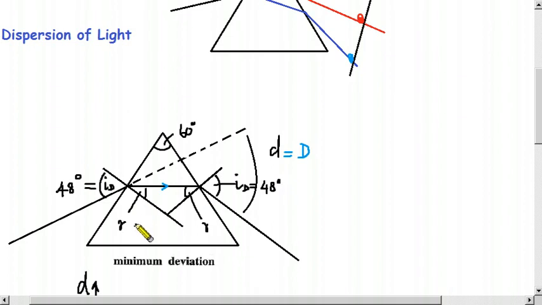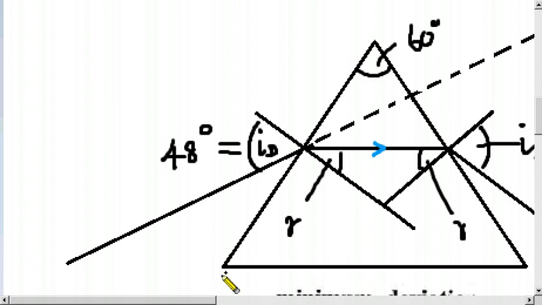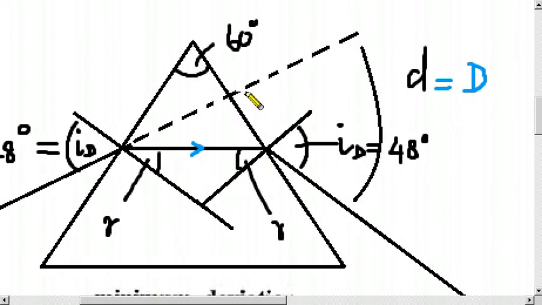This one is equal to what? You should know the derivation to do that. If this one is 60, you should know this one also 60. That is geometry. So these angles are equal.